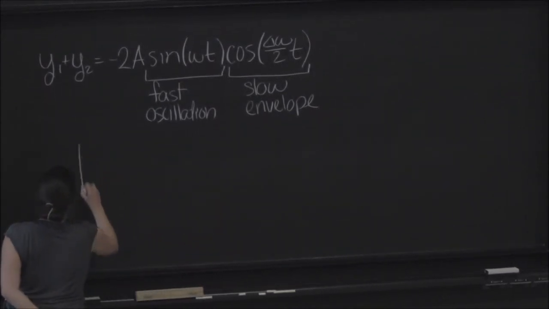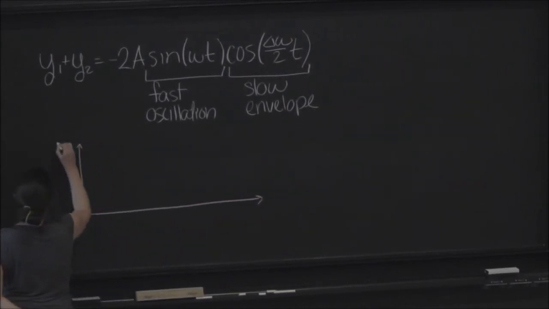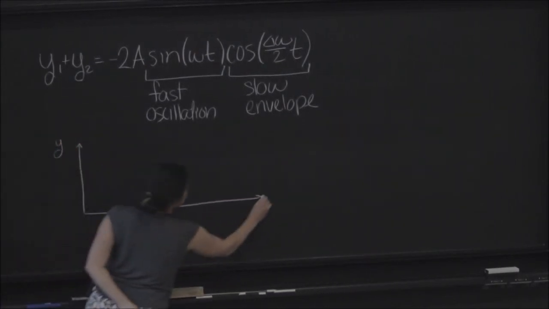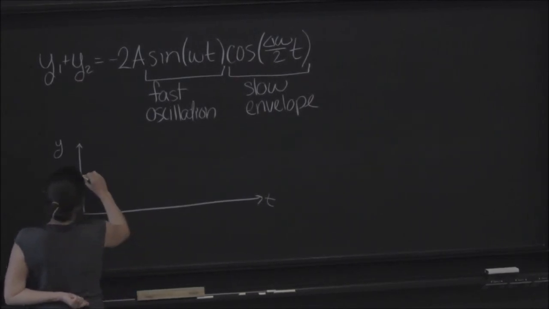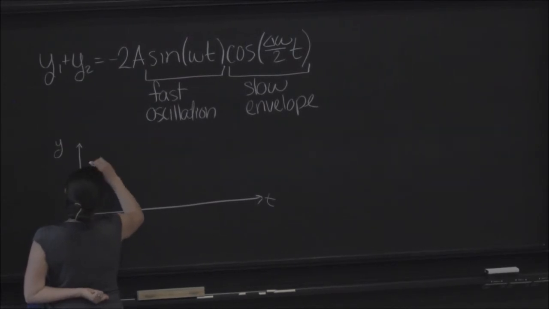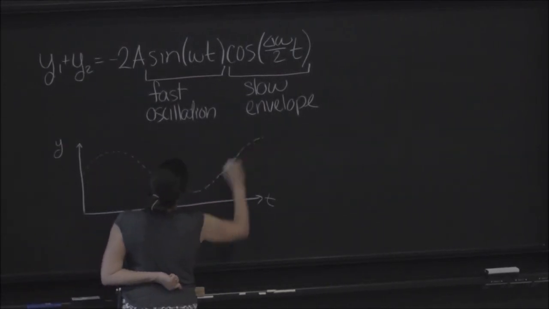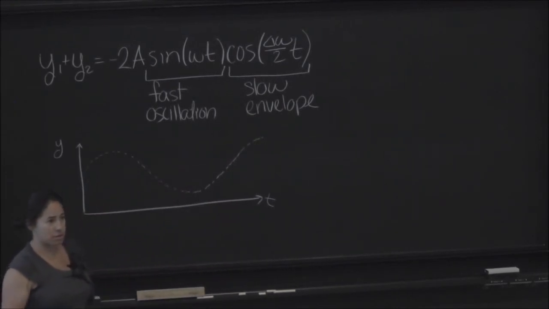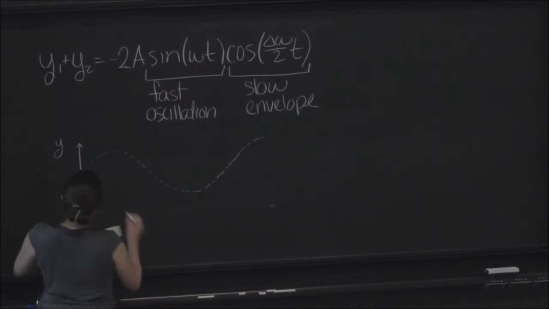So if now we plot y as a function of time, we're going to have this slow envelope. This thing is oscillating at a frequency delta omega over 2. Sorry, let me not draw this right here. This is going to be right here.